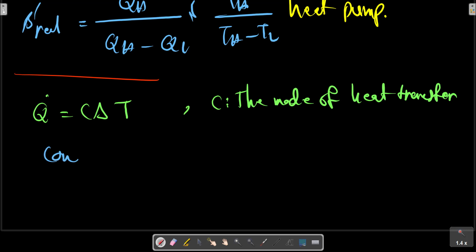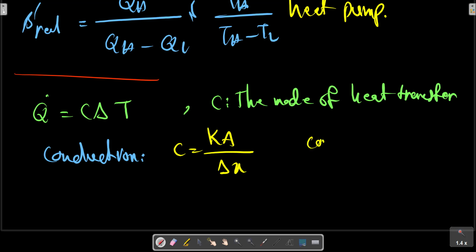Conduction: C equals kA over X. Convection: C equals hA.